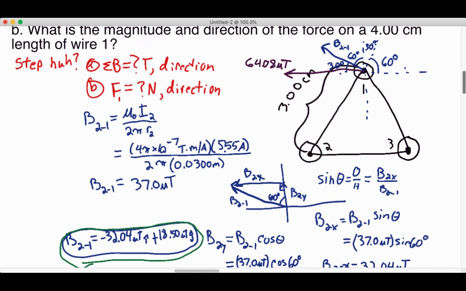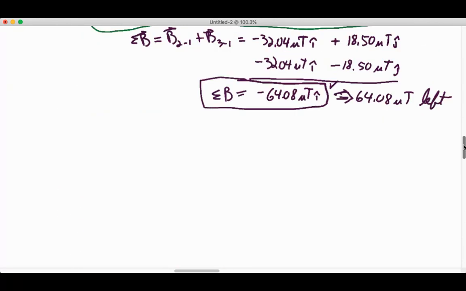So our force in this case, I'll do orange, is going to end up being down. It's so hard to draw a down arrow, but it is. So our force is going to be down, and how can we get the magnitude of this force? Well, this is fairly easy.